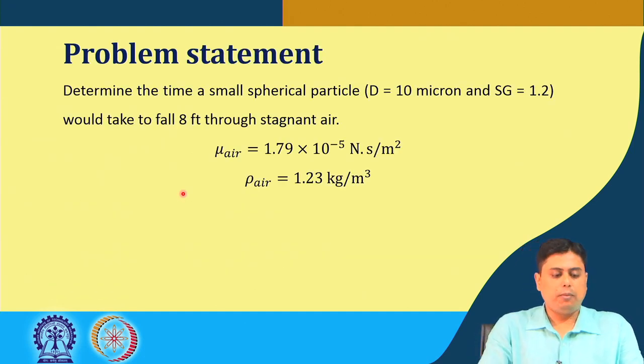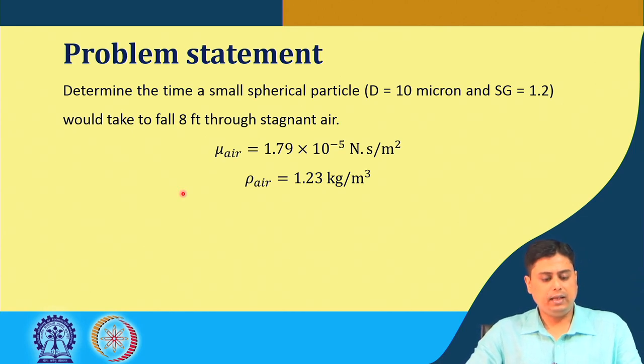Now this problem says: determine the time a small spherical particle that has a diameter of 10 micron and specific gravity of 1.2 would take to fall 8 feet through stagnant air. Okay.